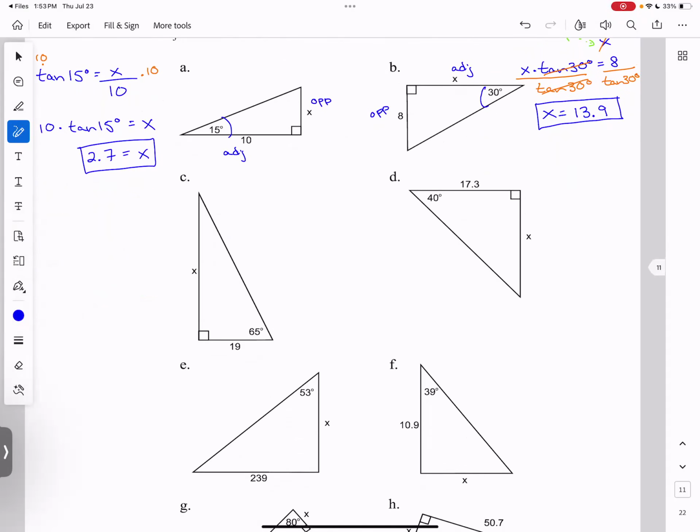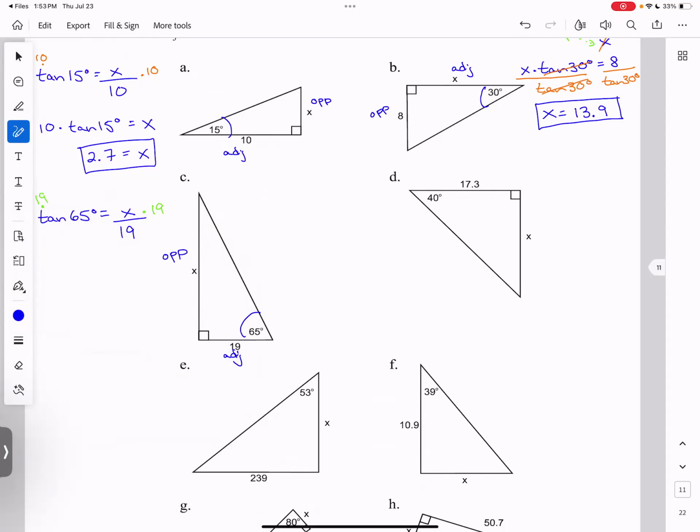Okay, next one here. So x is going to be our opposite. 19 is our adjacent relative to the 65 degrees. So tan of 65 degrees is opposite over adjacent, which is x over 19. I'm trying to solve for x, so I'm going to multiply both sides by 19, which of course I didn't give myself enough room to do.